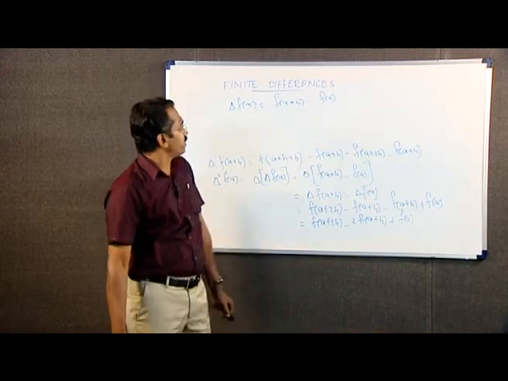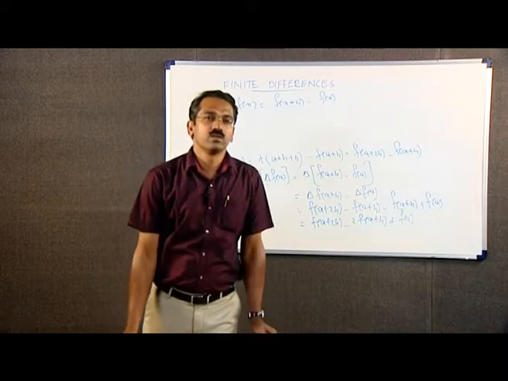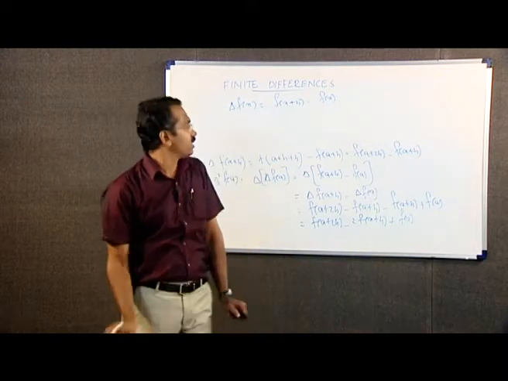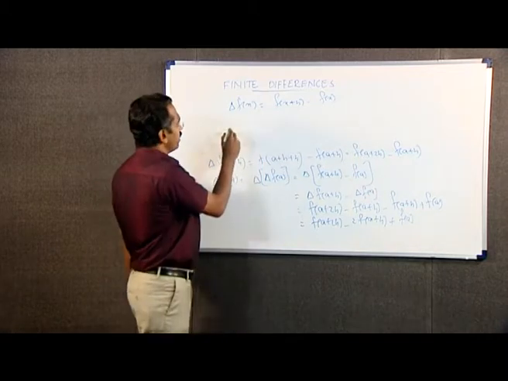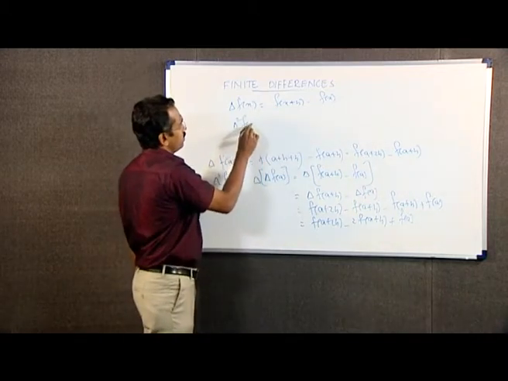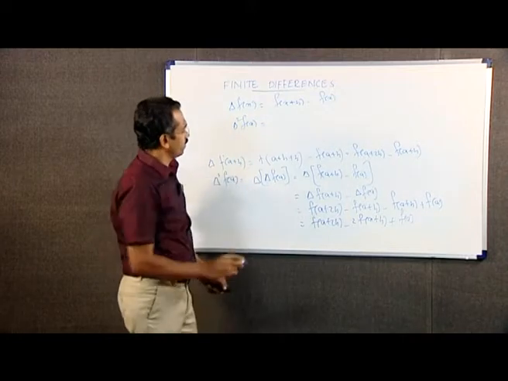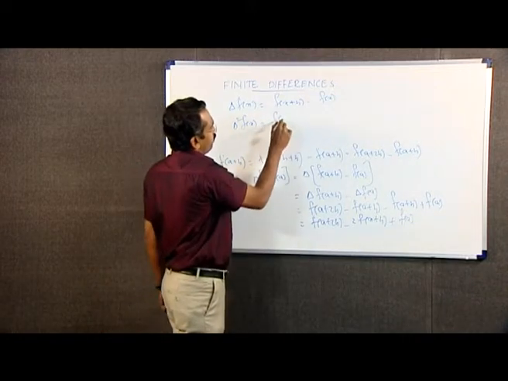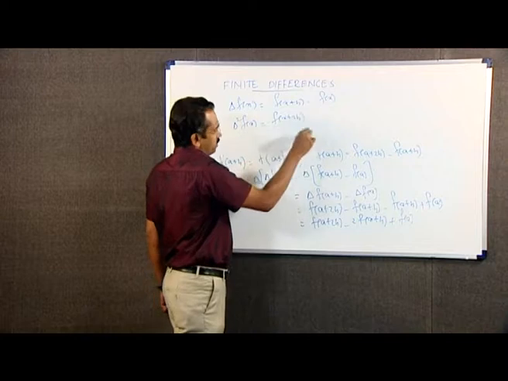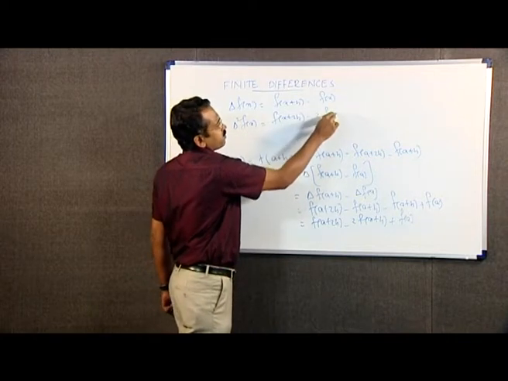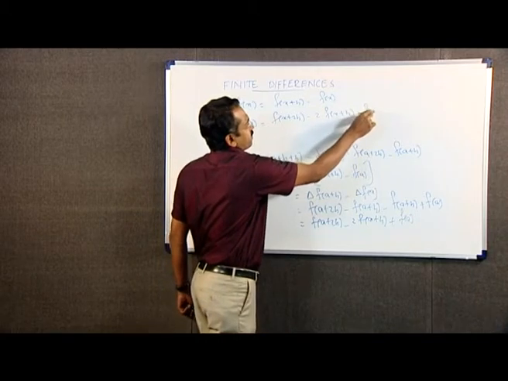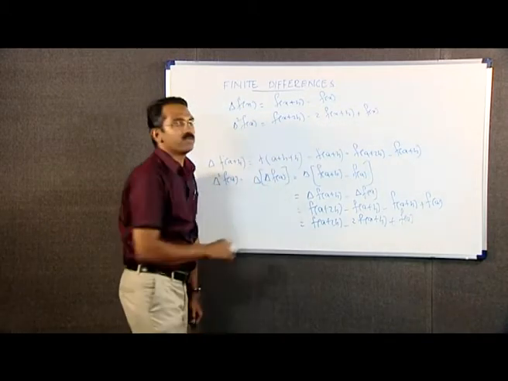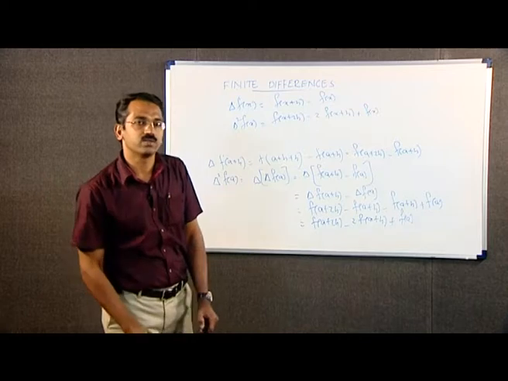Here h is the interval of differencing. Using this definition, we can write delta square f of x as f of x plus 2h minus 2 times f of x plus h plus f of x. Similarly, we can write the higher order differences.